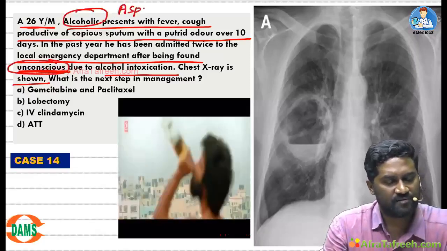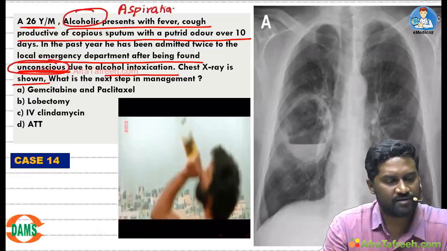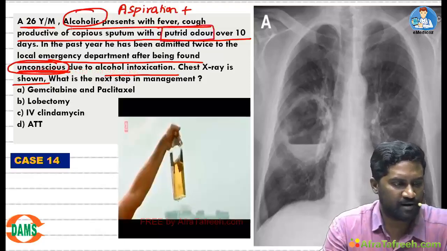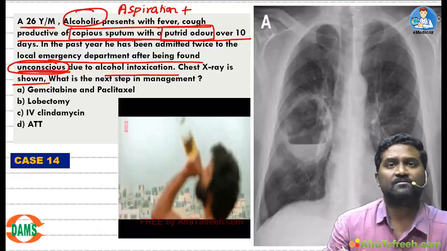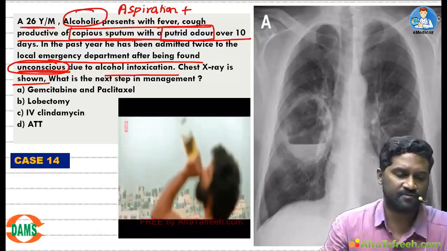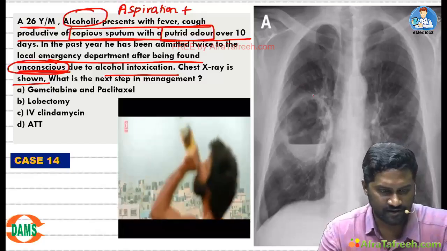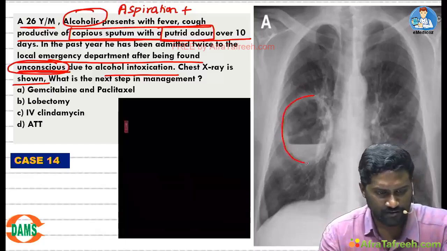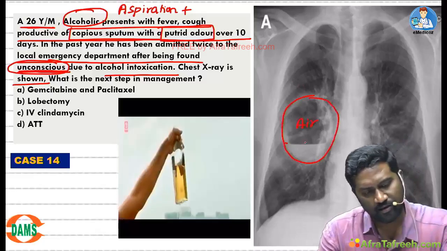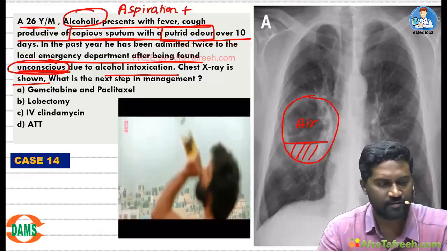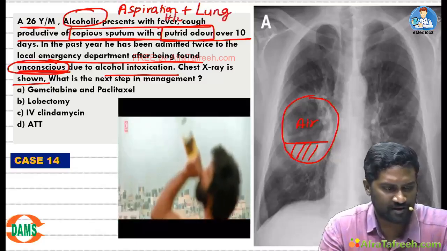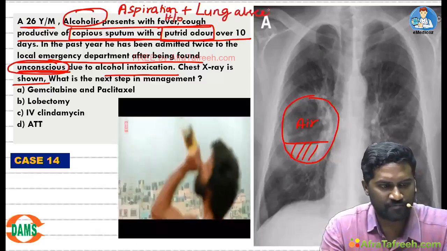So there is possibility of aspiration, and foul smelling sputum, plenty of sputum. All this indicates possibility of some necrotic infection. And on the chest X-ray, what do you notice, students? There is an air-filled area in a cavity and fluid. There is lung abscess. Aspiration history plus lung abscess.